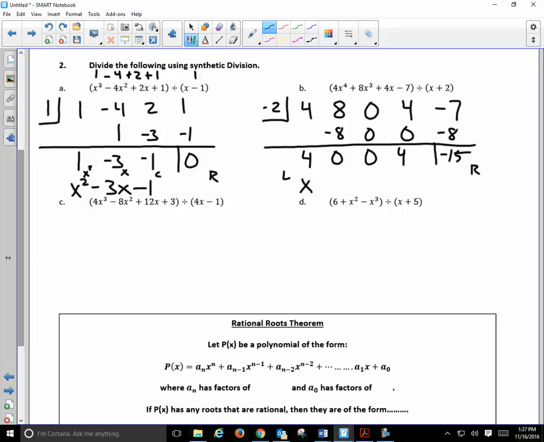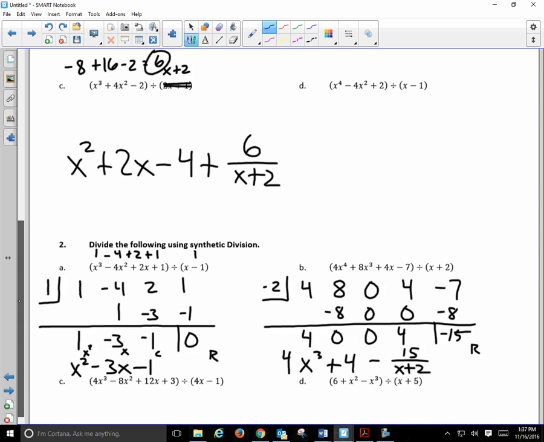So I have a 4x cubed, I have a plus 4, and I have a minus 15 over x plus 2. So as you write your final answer, again, you're going to want to write the remainder over your divisor.